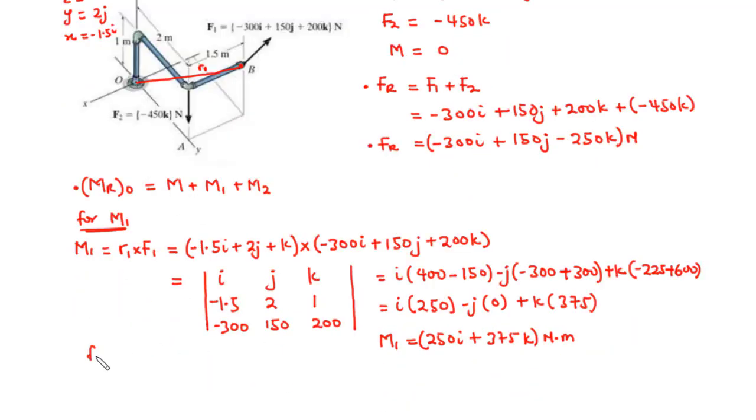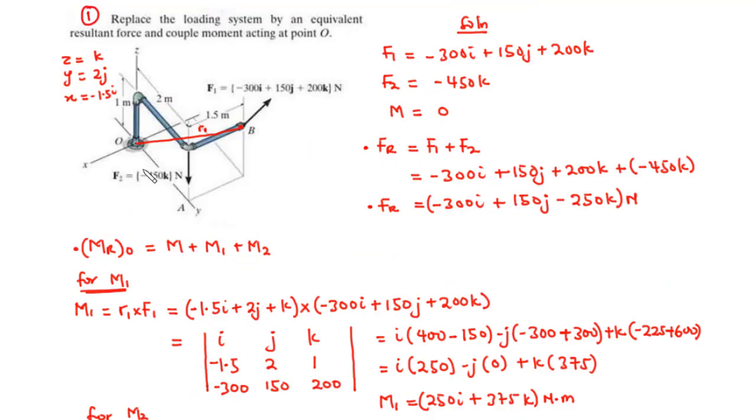So for M2, we have M2 to be equal to r2 cross F2. So we also define a position vector directed from O to the line of action of F2. Now this is the line of action of F2. So we can simply define the position vector from O through to this point.